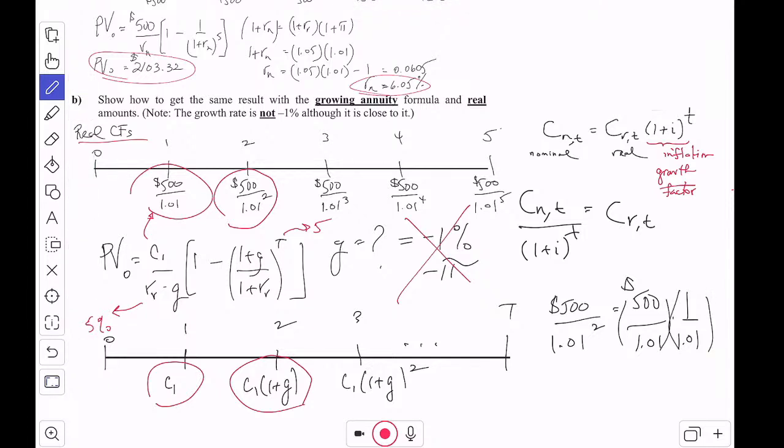So this is the C1, and then this is 1 plus G. So it turns out that you can find G using this formula.